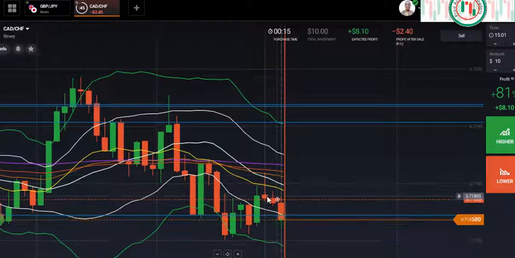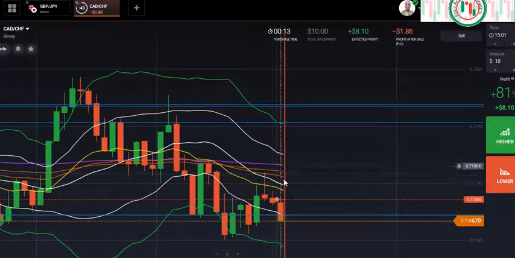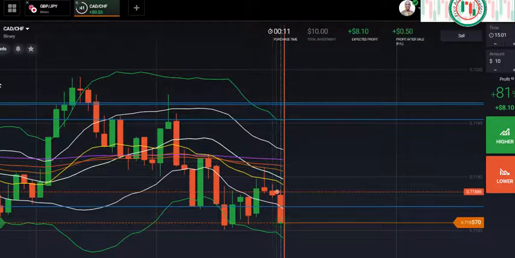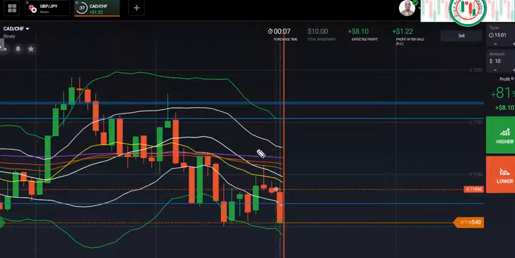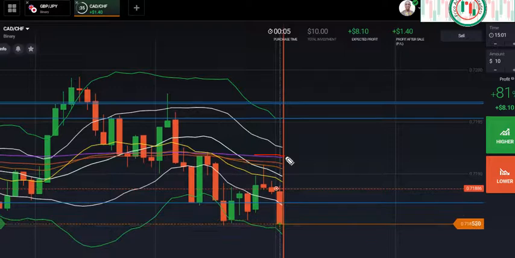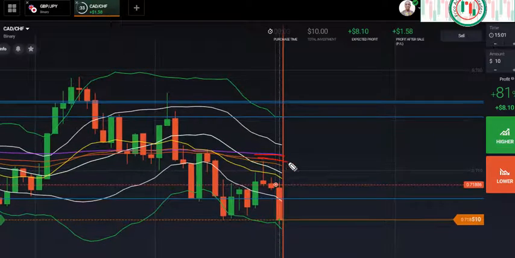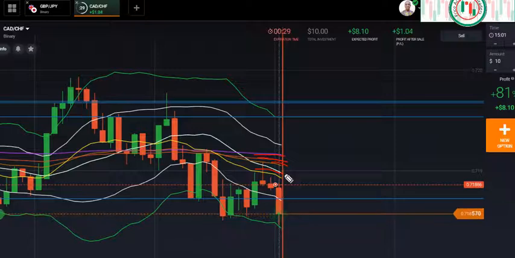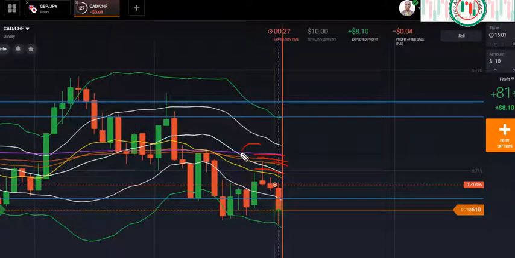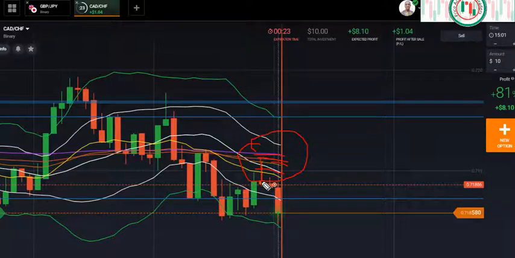You can see the rejection and this EMA are aligned. Let me show you. This is the 200 EMA, and this is 100, this is 50, and this is 20. From the alignment of these EMAs, the market is supposed to come down.